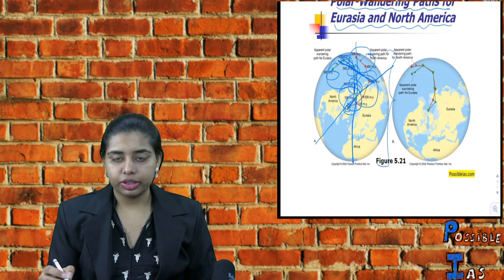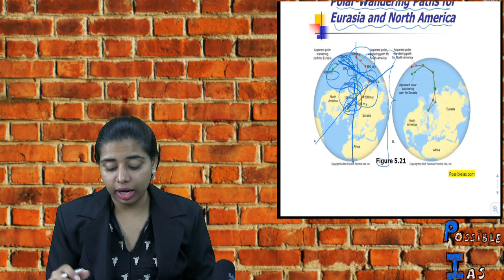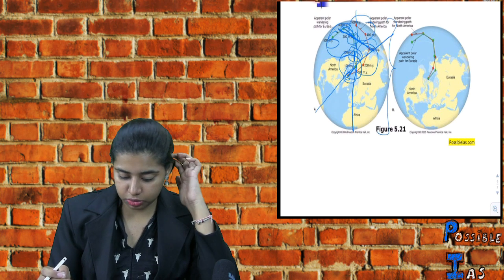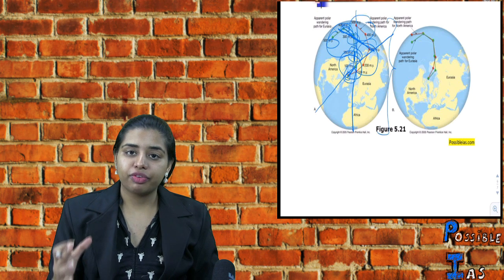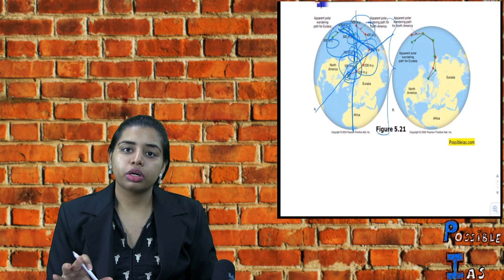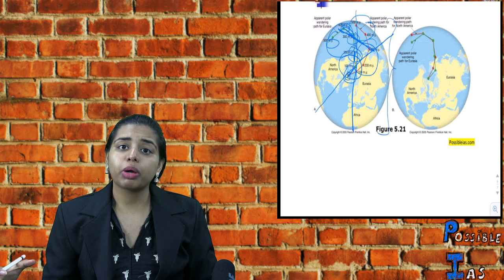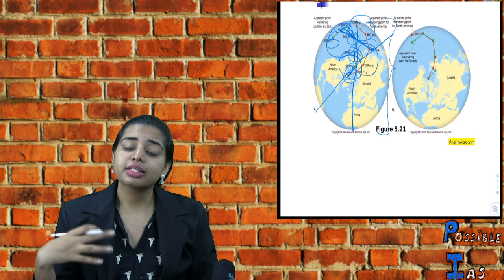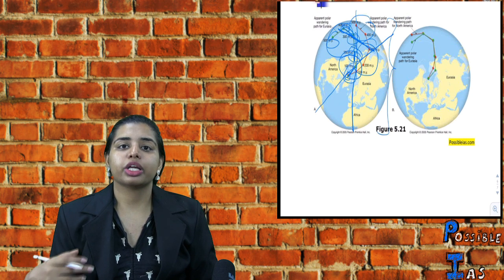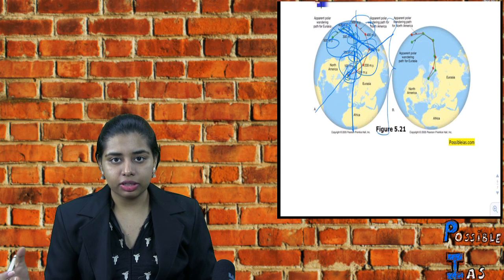So that formed another evidence for the plate tectonics hypothesis, and later it was also given as evidence for the continental drift hypothesis. How it was given as evidence for continental drift was that the eastern boundary of South America and the western boundary of Africa had similar orientations of the ferromagnetic minerals.